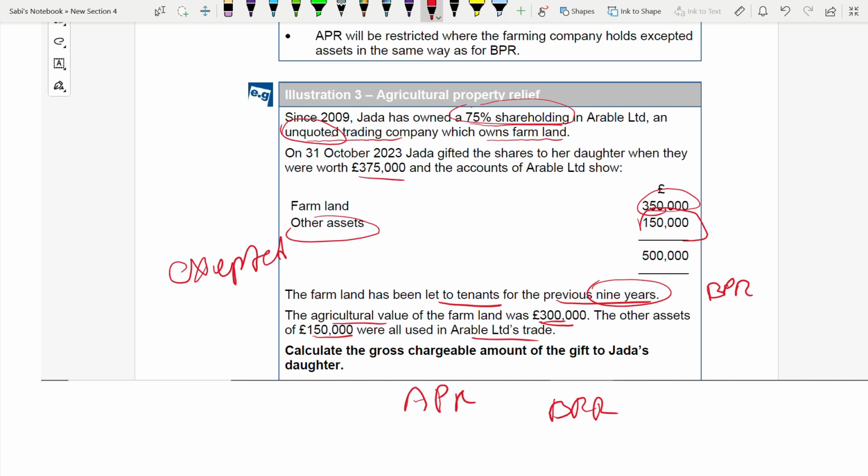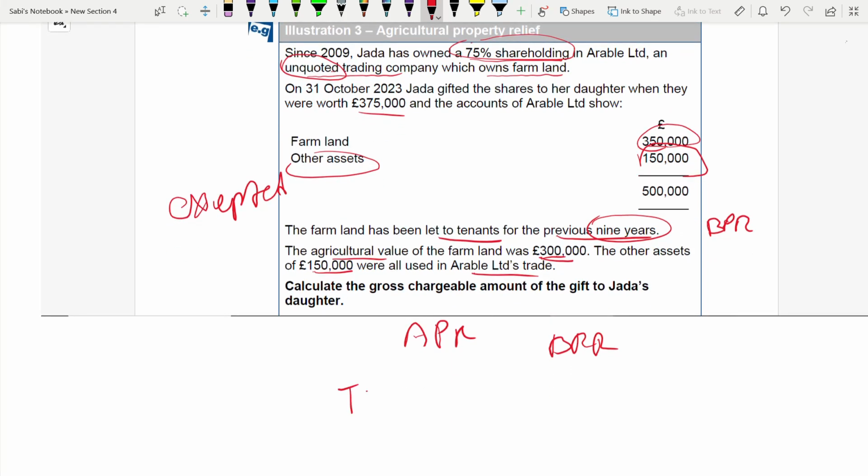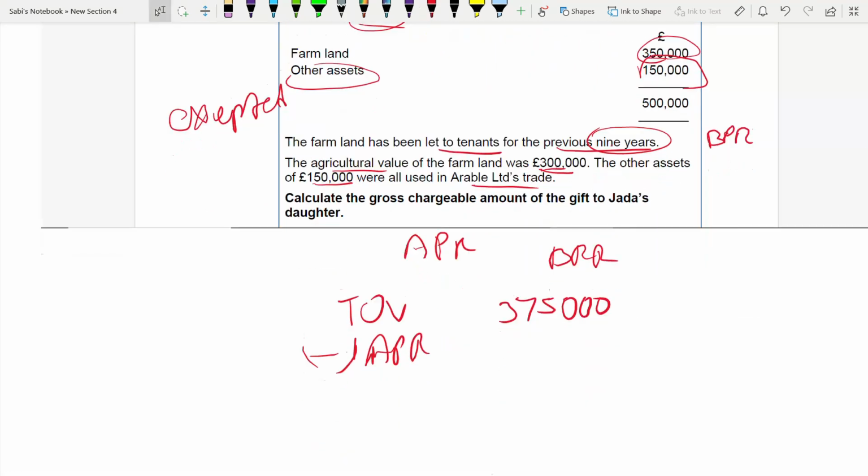Now, transfer of value. We always start with transfer of value. So transfer of value would be 375,000. Now, less APR. APR will be restricted, please know that. How much is the agricultural value?